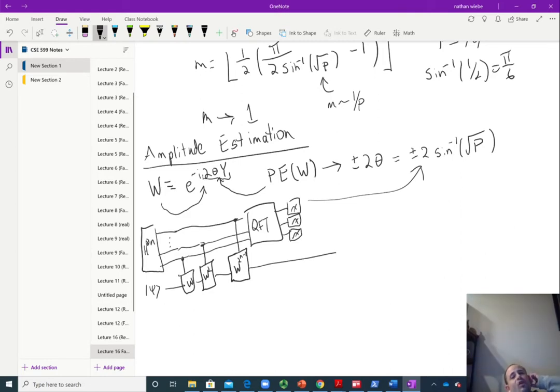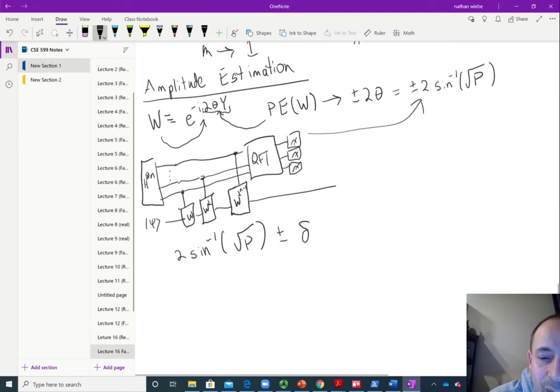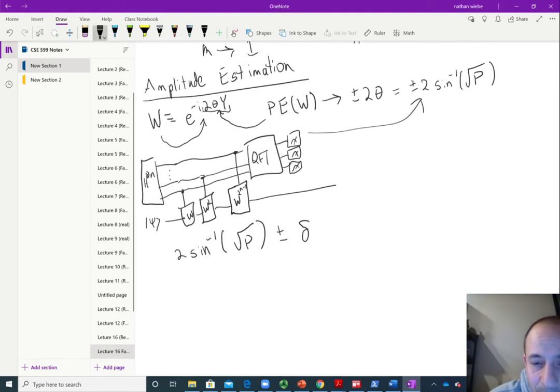All right, great. So now we have an ability to do this, and in particular, by choosing the number of bits up here, n, appropriately, we can end up estimating, with high probability, the arc sine of the square root of the probability plus or minus some delta. Okay? And so if we want to be able to learn the probability from this, let's say this is equal to some value, I'll call it phi for the estimated phase.